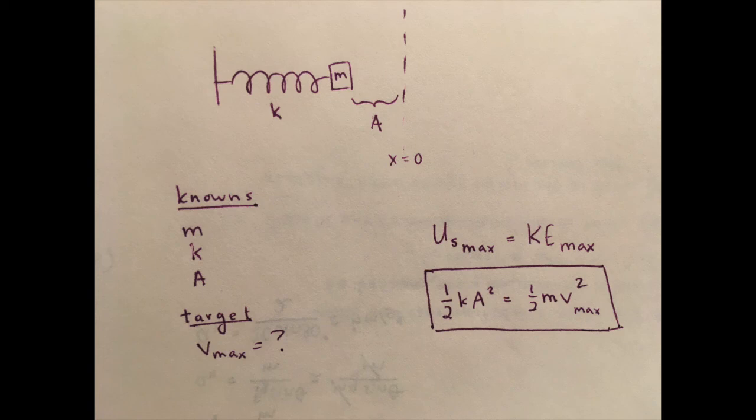So, for instance, in this problem, it's asking for the maximum speed. Well, by using this equation, you can solve for v. Some mass spring system problems might ask you to find the spring constant of the spring by giving you all the other values, and you can use this same equation to find the spring constant. So this is the number one way to solve mass spring system problems.